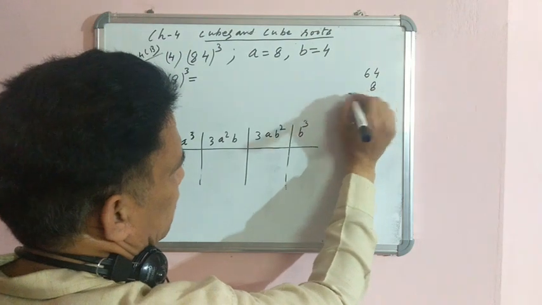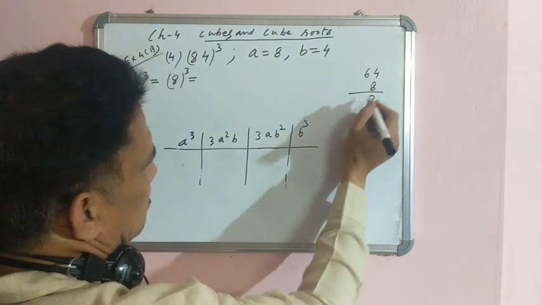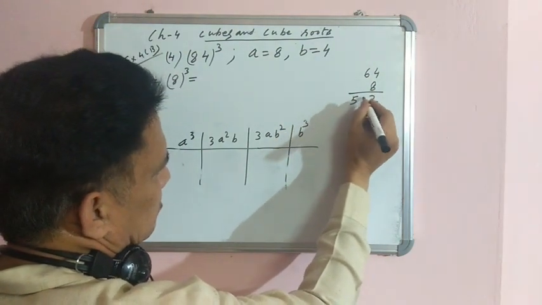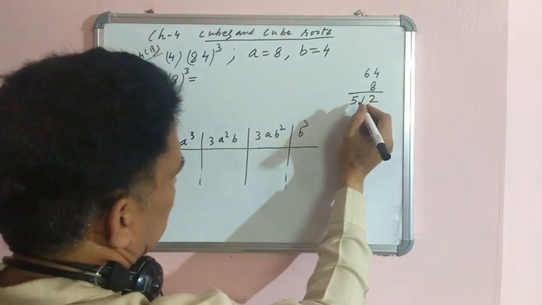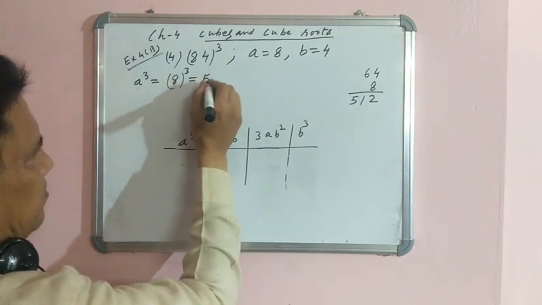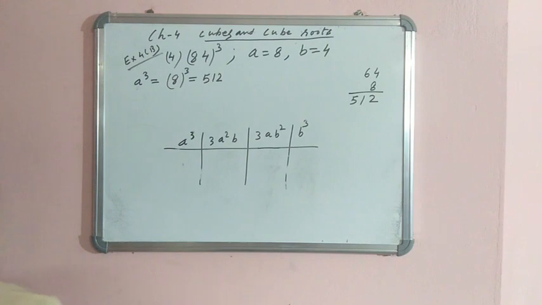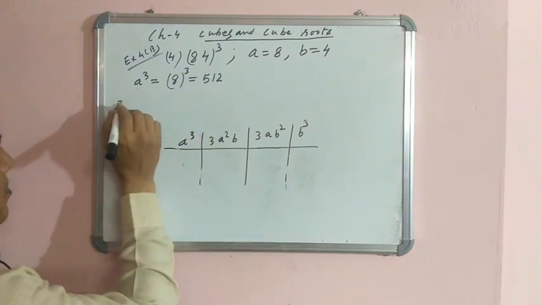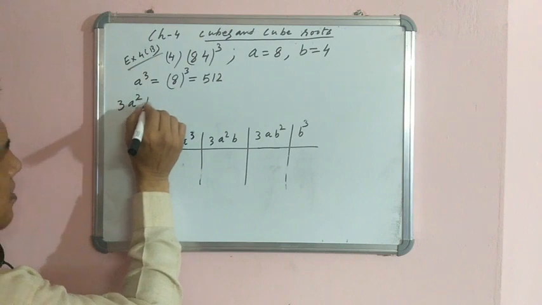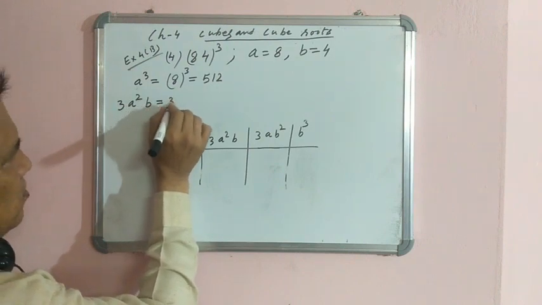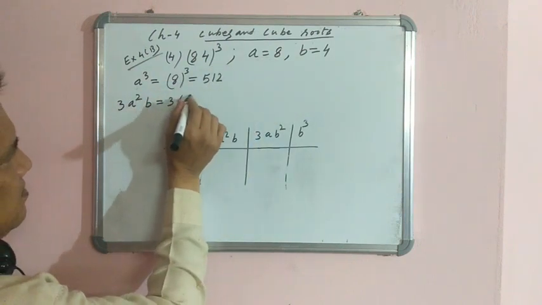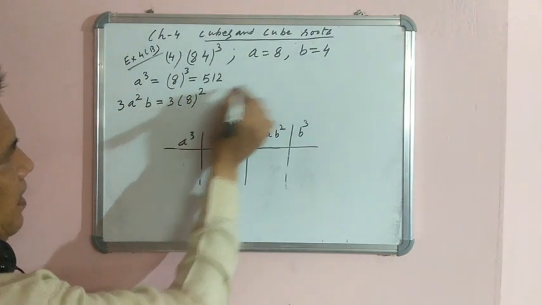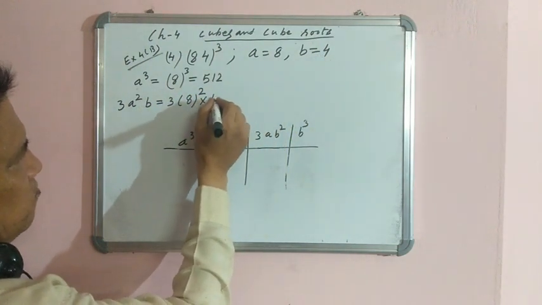64 into 8. 512 we are getting. 3a square b, this is equal to 3, the value of a is 8, a square, and b is 4. So 4.